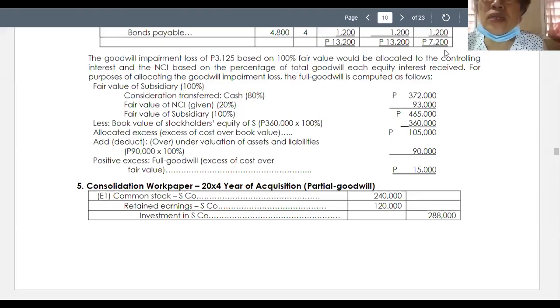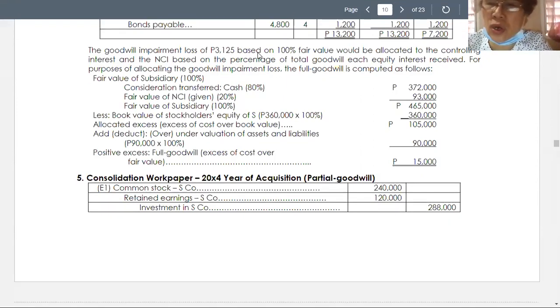With the consolidation working paper, the entries here would involve: first, we debit common stock of S company to eliminate the common stock account.